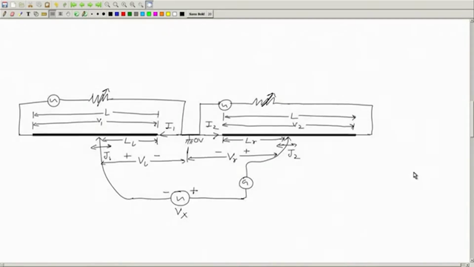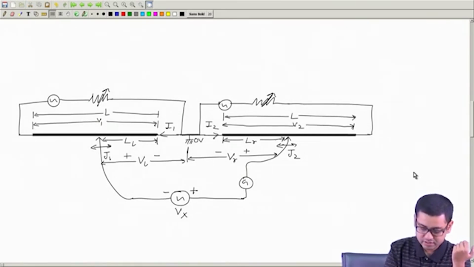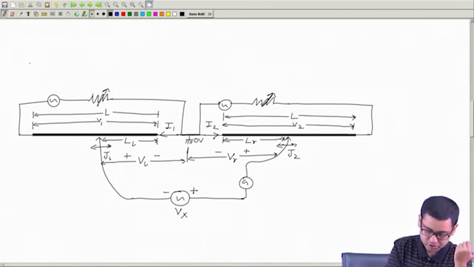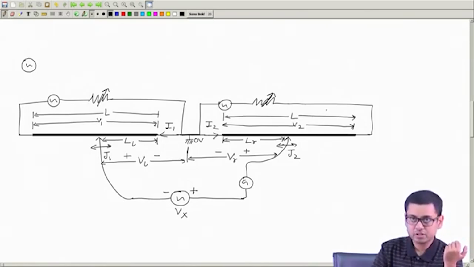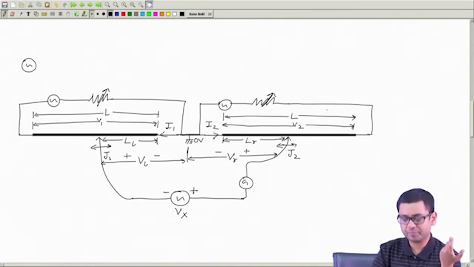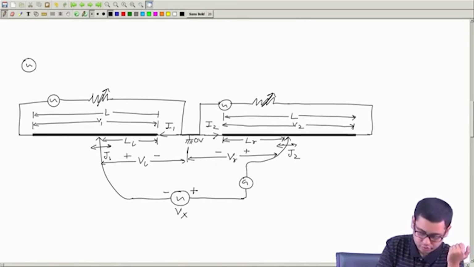Just like we did it for the polar potentiometer, we will take a source and supply this side and this side with one side through a capacitor, resistor, something to change the phase angle between the respective currents. So, what we will do is this. Let me first put say a transformer here.